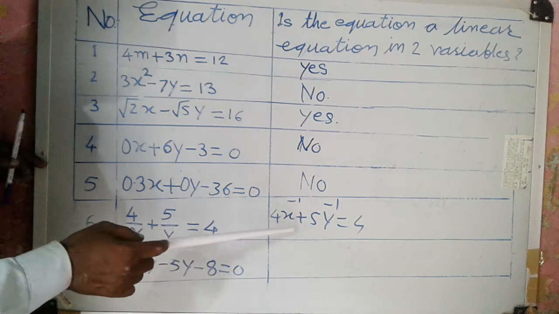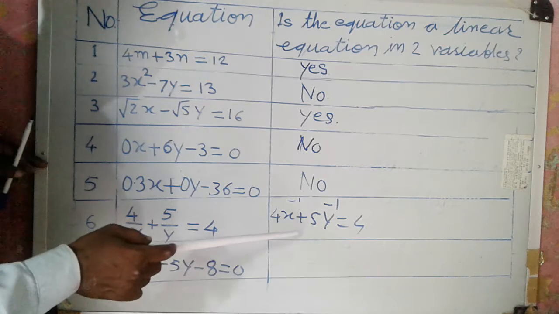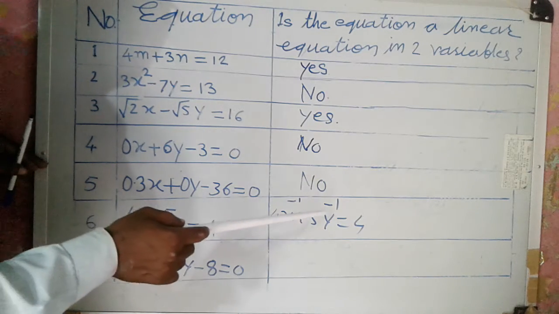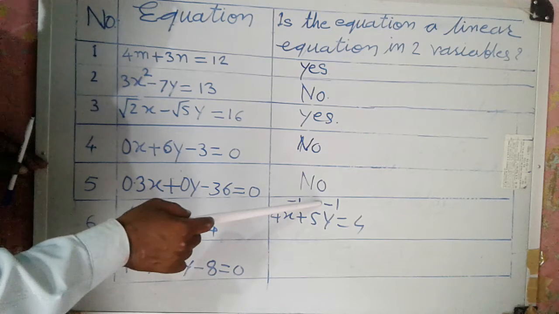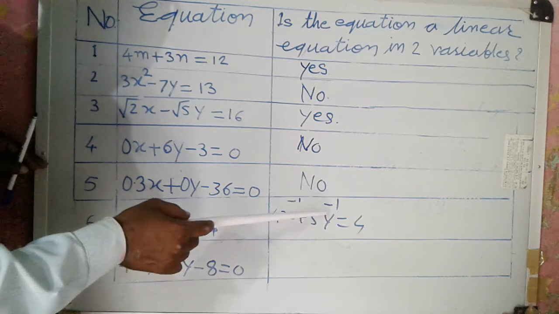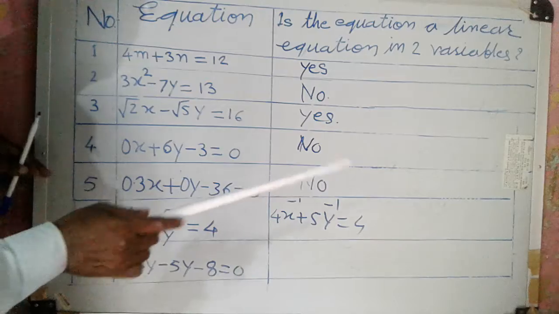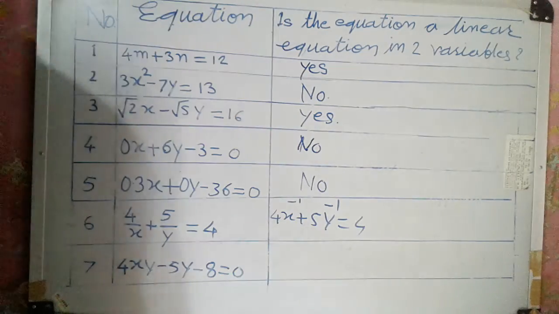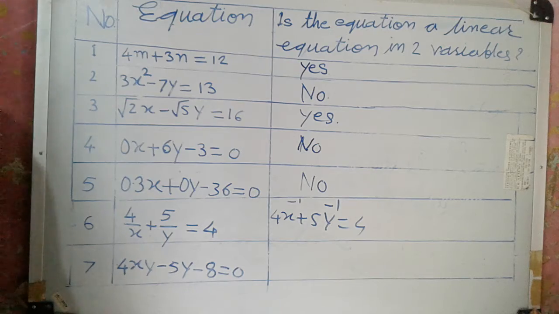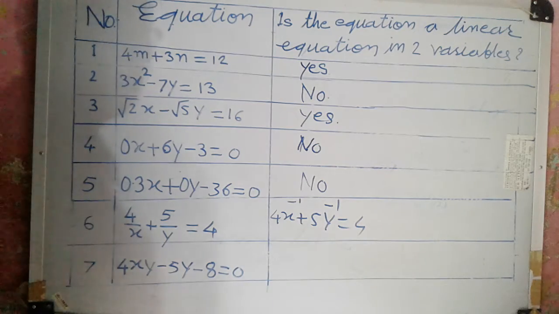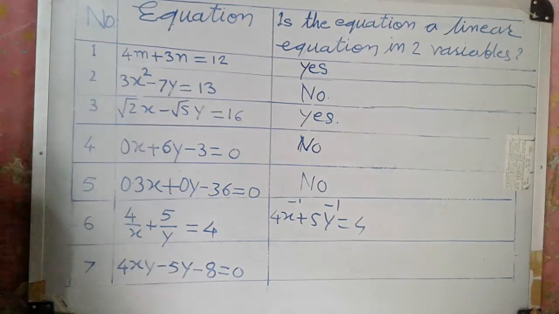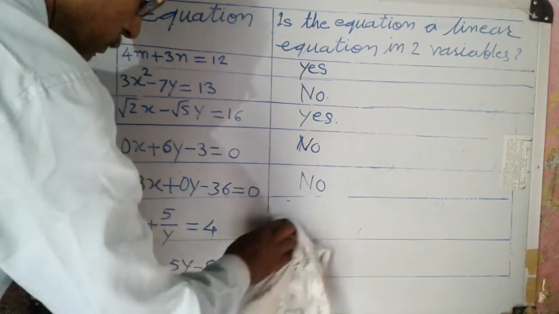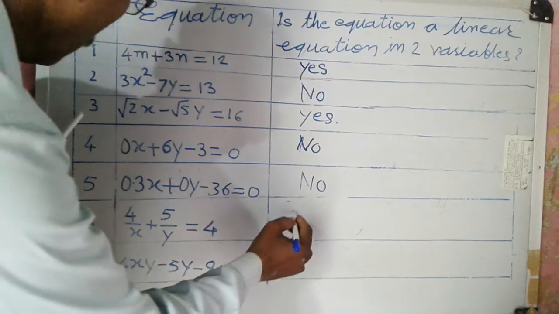And if you observe this equation, the degree of x is minus 1 and the degree of y is also minus 1. That means the degree is not 1. So this is not a linear equation in two variables. So the answer is no.